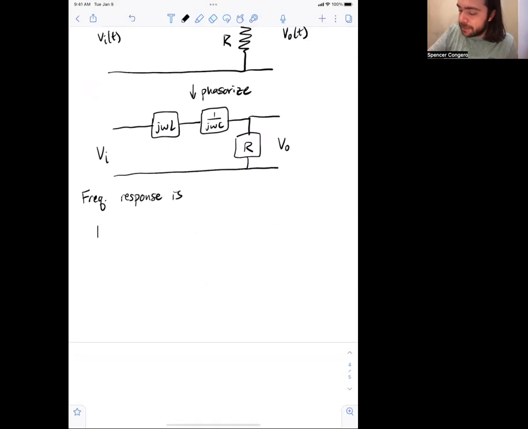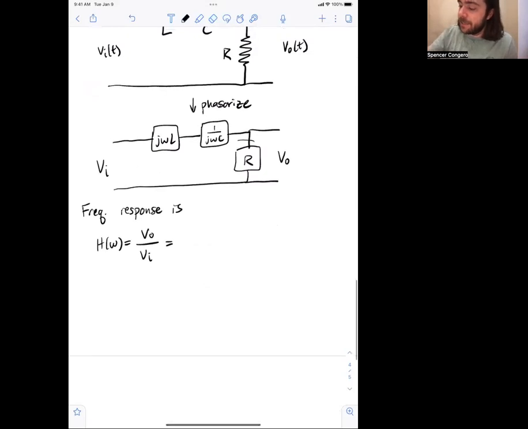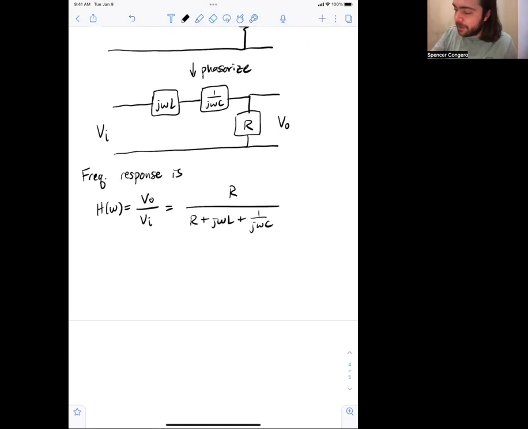The frequency response is what? Well, again, just a voltage divider, right? You can get by on a lot with that. So now it's going to be this impedance divided by the sum of all those impedances. So this is going to be R divided by R plus j omega L plus 1 over j omega C. And again, I just like to get rid of that 1 over j omega C, so I'm going to multiply top and bottom by j omega C. What do I get?